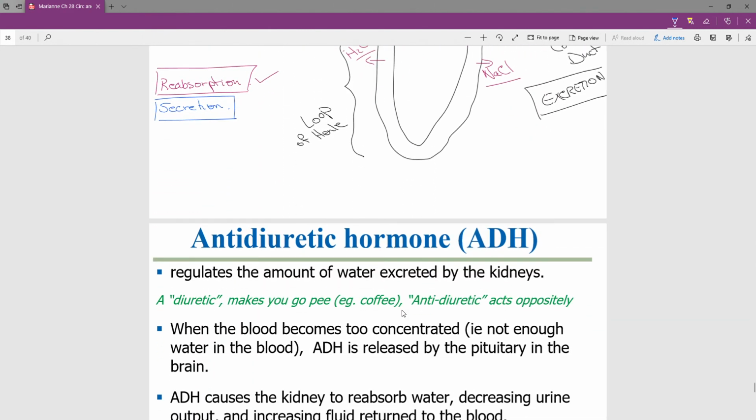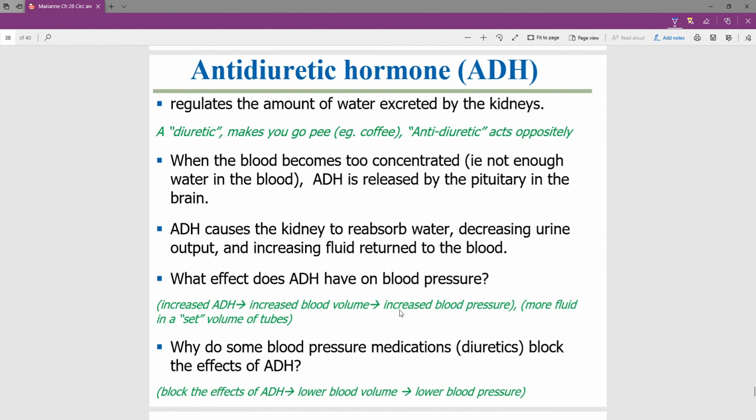summary. So now that we know all the pieces of a nephron, back to the hormones, because we don't do the endocrine system. Most of us understand the powers of a diuretic. I drink coffee often; it makes me have to go to the washroom. So antidiuretic hormone is a hormone in your body that basically regulates the amount of water that's excreted by the kidneys.